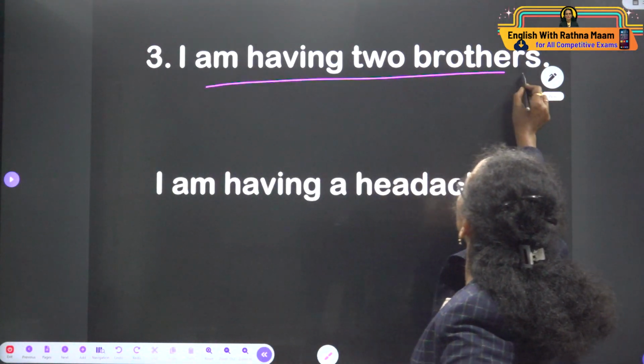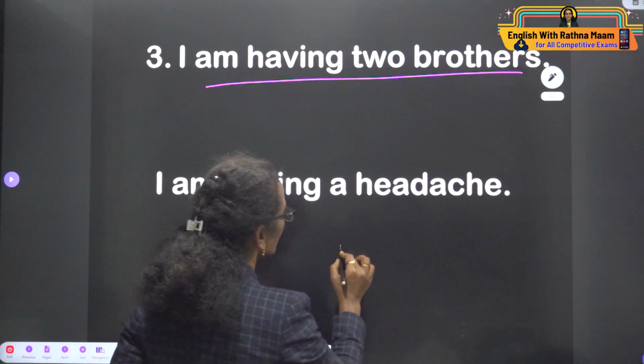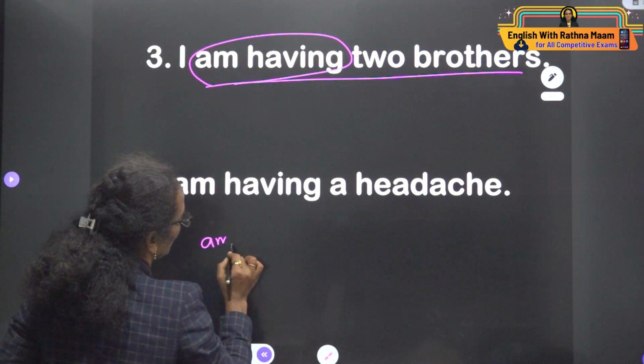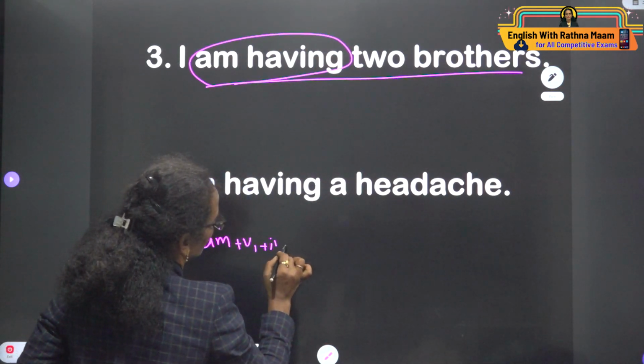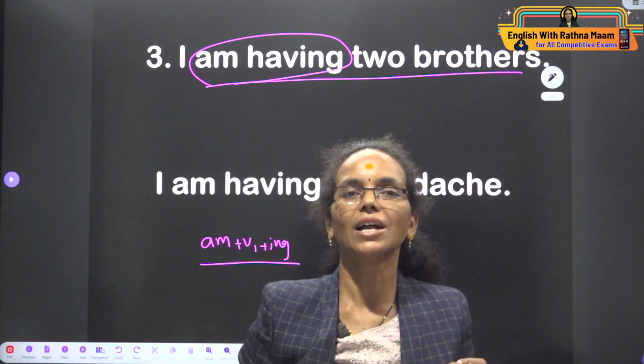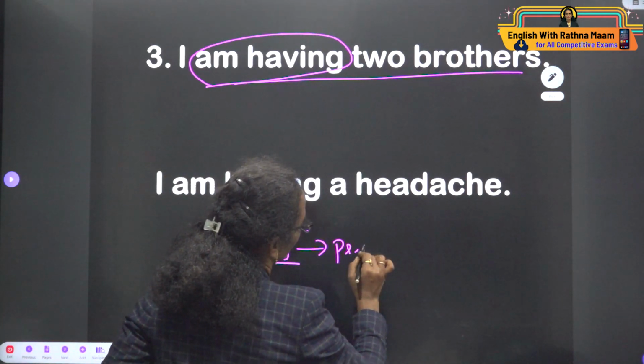I am having two brothers. See here, am plus V1 plus ing form, have plus V1 plus ing form, is used in the present continuous tense.